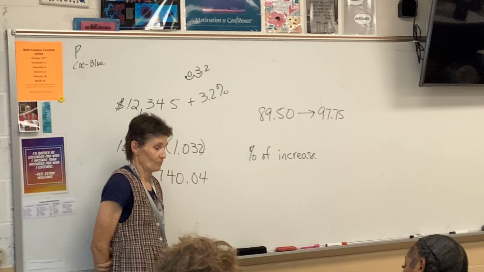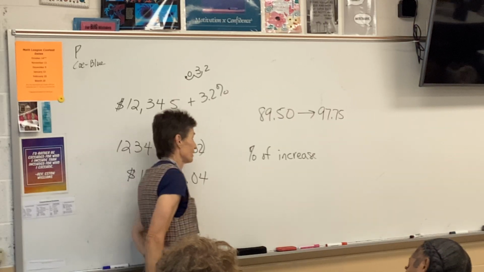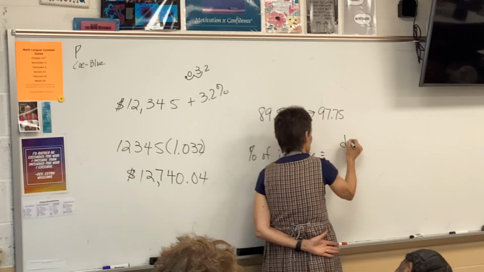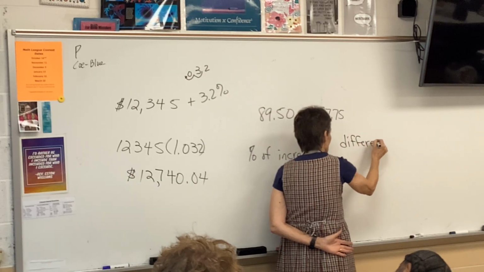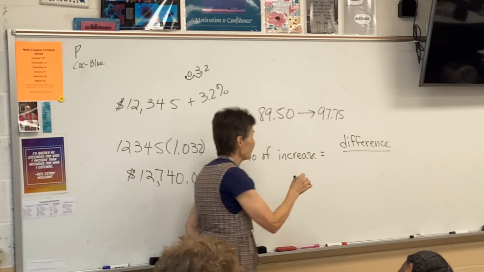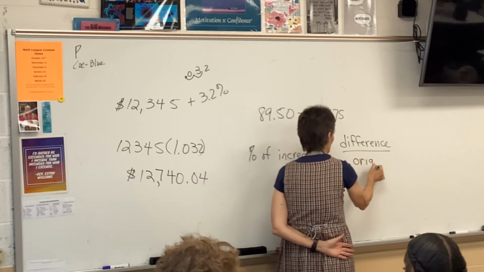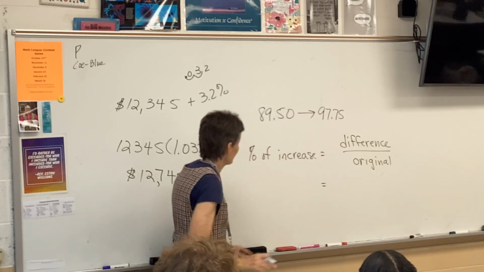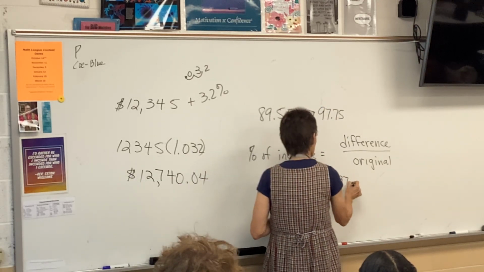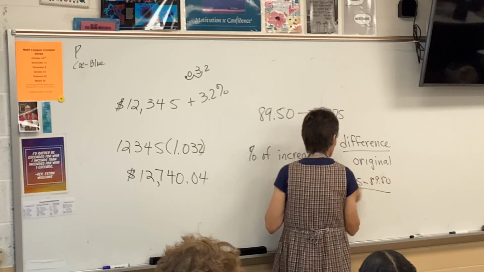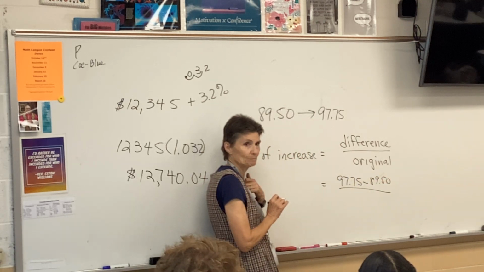Okay, you're very, very close. The percent of increase is going to be the difference, so like you said, we subtract those, and it's divided by the original value. So the difference will be 97.75 minus 89.50, whatever that is, I can figure it out on my calculator.